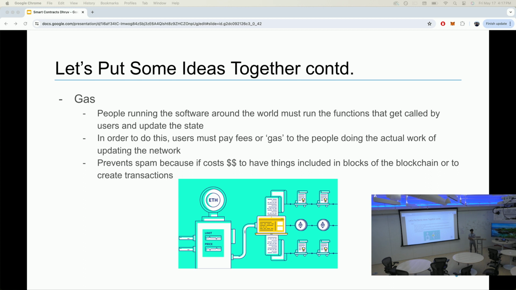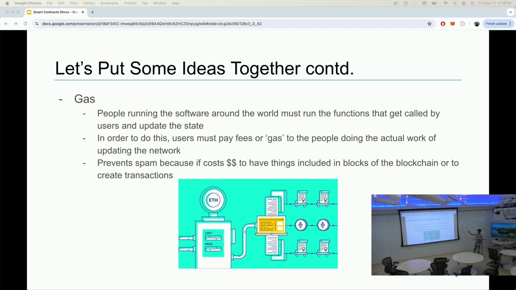And one of the useful things about gas is that it prevents spam, because if it costs money to execute on this network, or to have transactions included in the blockchain, or to progress the state forward, then someone can't just come along and have an infinite number of transactions just to clog up the network.